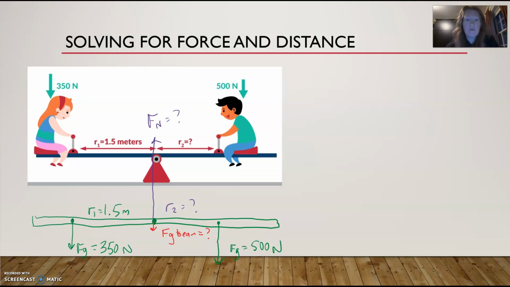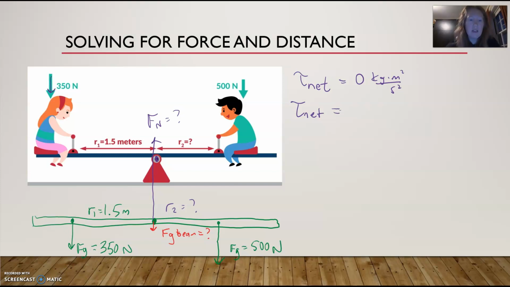So I can, for instance, say that my axis of rotation sure looks like it's right there, smack in the middle. And so I'm going to maybe start with that. I'll say net torque is 0. Okay, and so then when I look at all the forces, this is the girl.